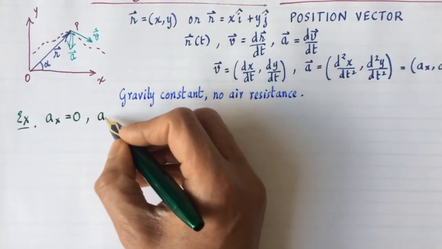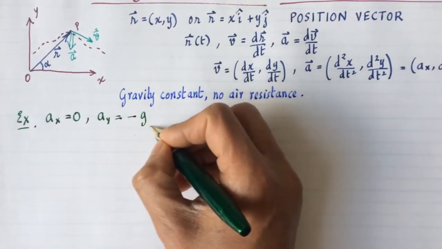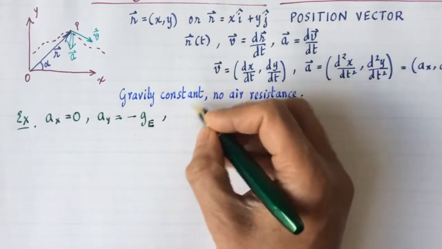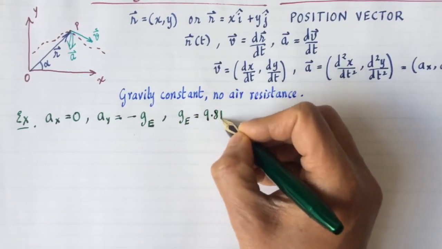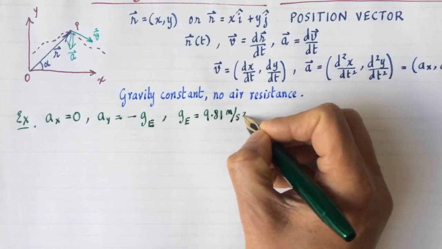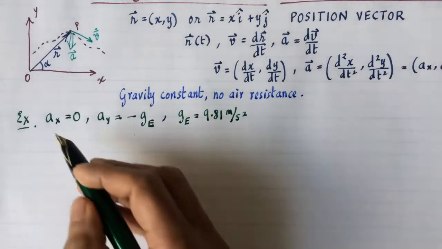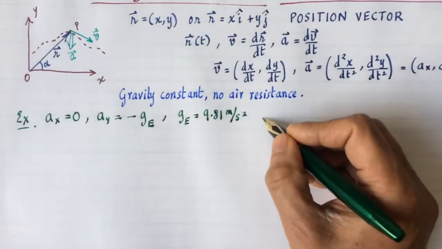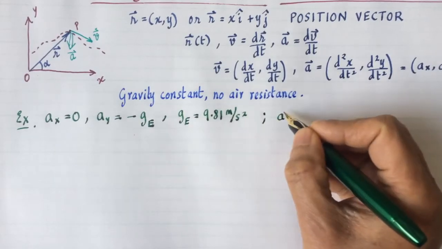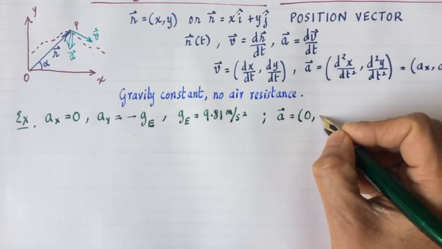In the y direction, there is just the acceleration due to gravity, which I will call negative g sub e, where g sub e itself has the value 9.81 meters per second squared. This value of course varies from point to point. So we have a complete description of our acceleration vector. Let's write it. The acceleration vector a is 0, negative g sub e.